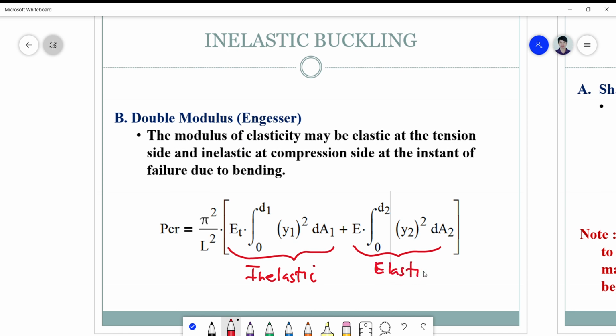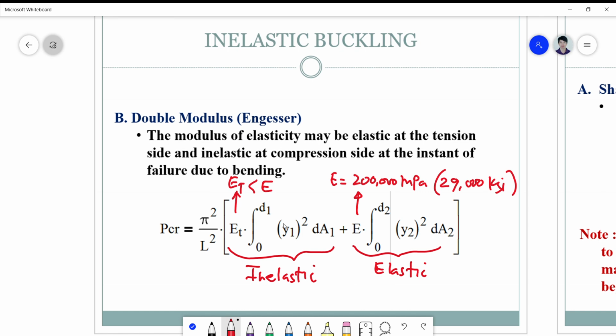We just look into the value of your E here, which is 200,000 megapascal, or simply 29,000 ksi. And here, your E obviously is known, and it will be less than these two values.